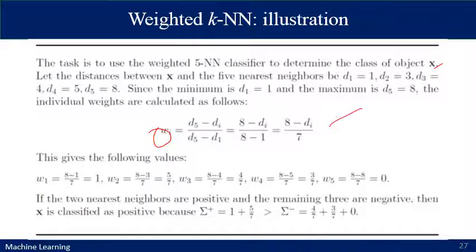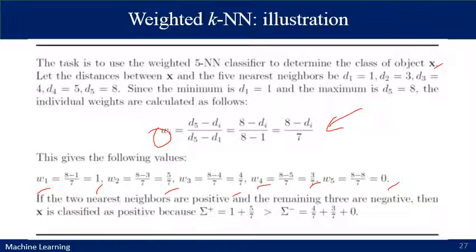So we can find the 8 minus the distance of each example, divided by 7. This gives us the values for each neighbor. For example, for weight 1 we get 1, for 2 we have 5.7, for 3 we have 4.7, for 4 we have 3.7, and for 5 we have 0.